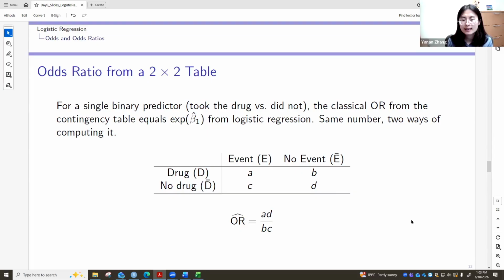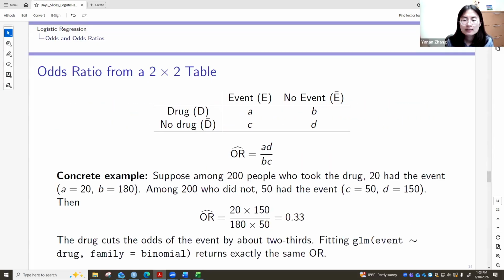So let's look at one example here. Now, suppose this is, for example, a clinical trial. We have 200 participants or patients who are recruited for this clinical trial, and we randomly put them into two groups. One takes the drug, the other group doesn't take the drug or uses some placebo.